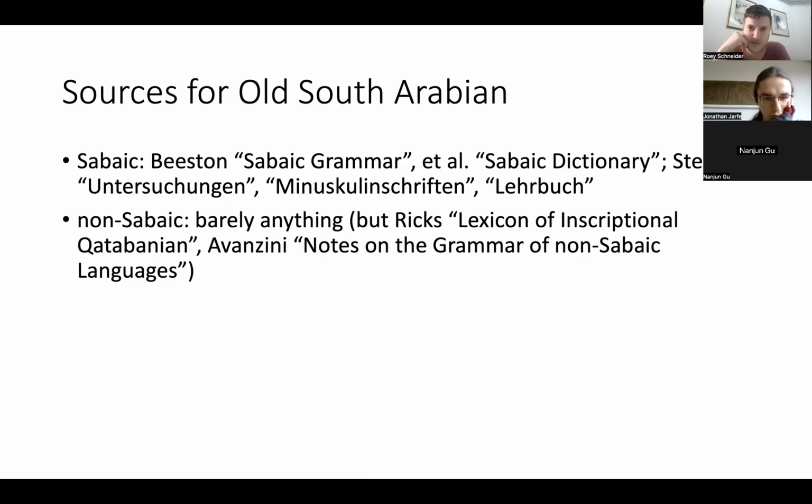So it also has word lists, and that's it. Unfortunately, there is yet to have been written a proper dictionary or grammar for these languages, but we're still waiting. Any question before we move on to Ethio-Semitic really this time?